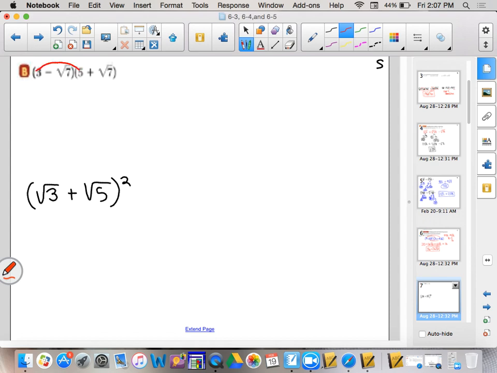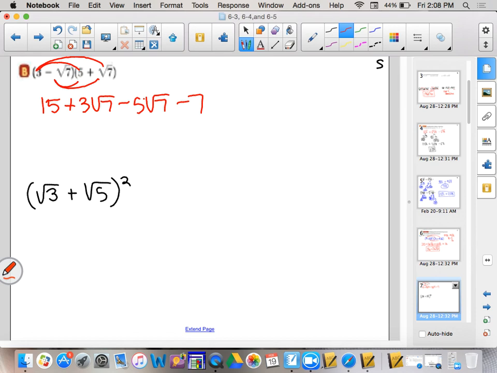So 3 times 5 gives me 15, 3 times the square root of 7 gives me 3 square roots of 7, negative square root of 7 times 5 gives me negative 5 square roots of 7, and then negative square root of 7 times the square root of 7 gives me negative 7. Because negative square root of 7 times the square root of 7 gives me negative square root of 49, right? And what's the square root of 49? 7, so it'll be negative 7.